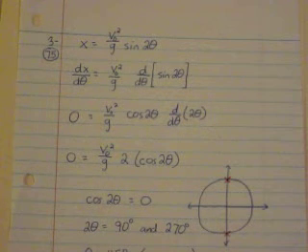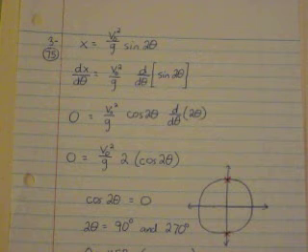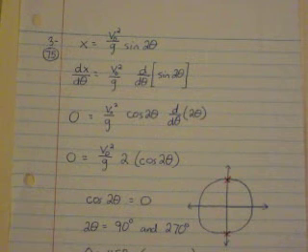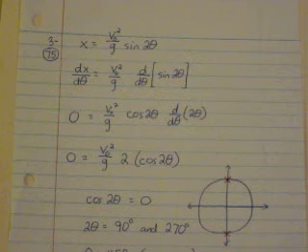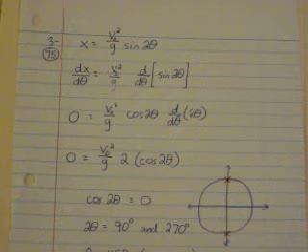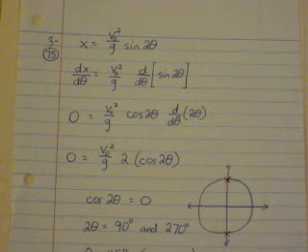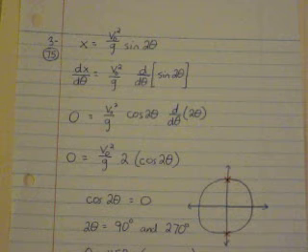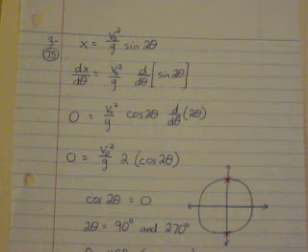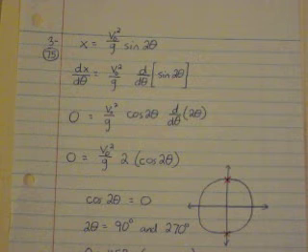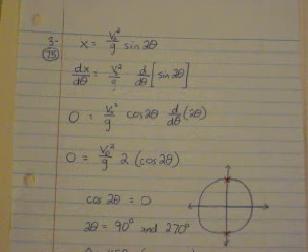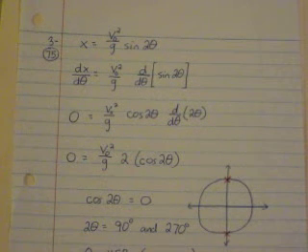And the question says, using calculus, we're going to take the derivative and set it equal to 0 to find that the maximum range is at 45 degrees. And by the way, setting equal to 0 also finds the minimum, so we're going to find both the maximum and the minimum range.